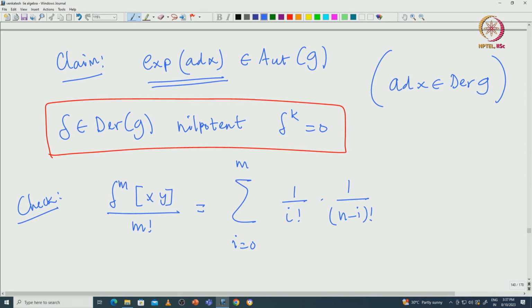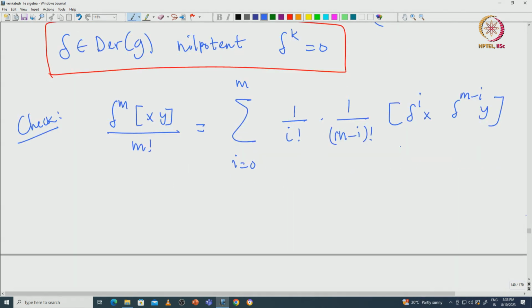Sorry, let us not mix the notation; this is m. So, this is just the Leibniz rule written for the Lie product. Using delta being a derivation, one can check this.